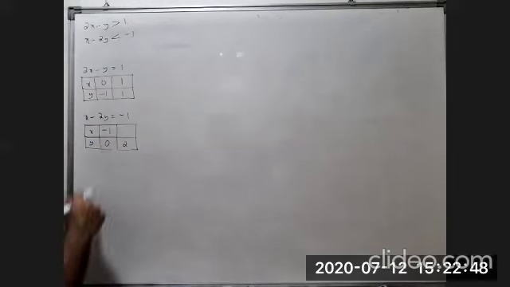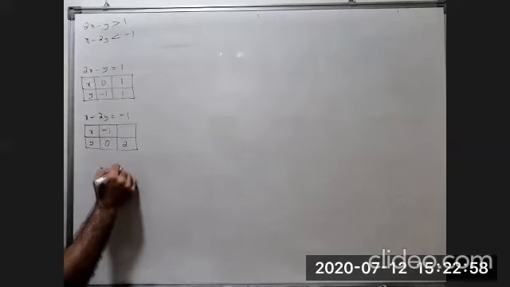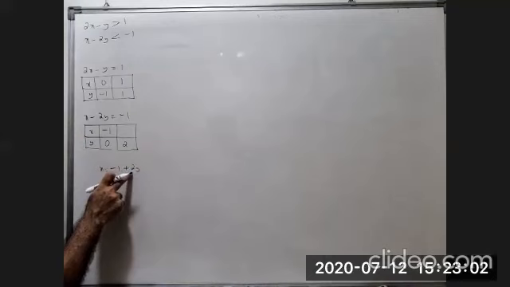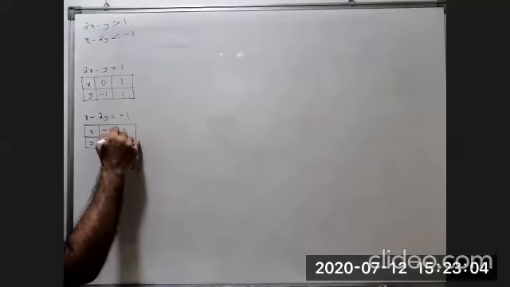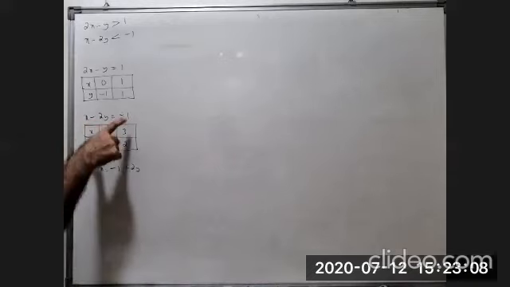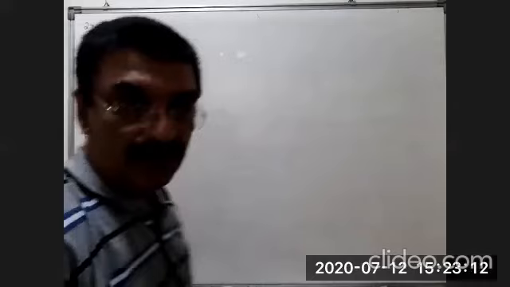If it is 2, x minus 4 is minus 1, so minus 4 comes to the side, or x is equal to minus 1 plus 2y. If y is 2, 2 into 2 is 4, minus 1, 3. Now plot these points. Plot it, draw the graph.